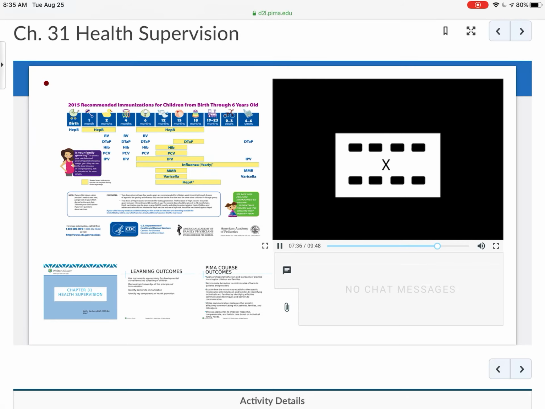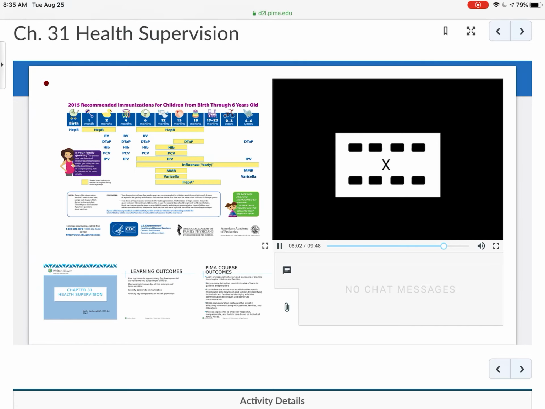Now, they do give some at birth, so your Hep B is given at birth, but if children are not born in the hospital, sometimes they're at risk for not having that. And then some kids miss vaccinations. If a child is ill, they won't give the vaccination that day. If they have just mild cold symptoms, then they will. But often parents move around a lot, so they miss appointments.